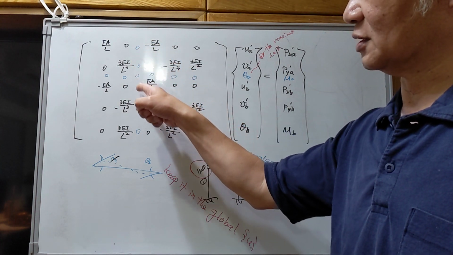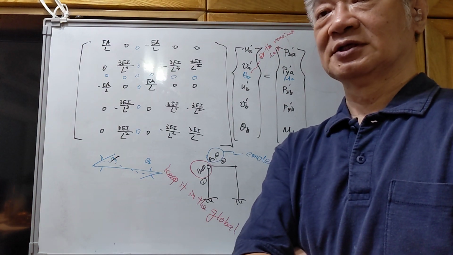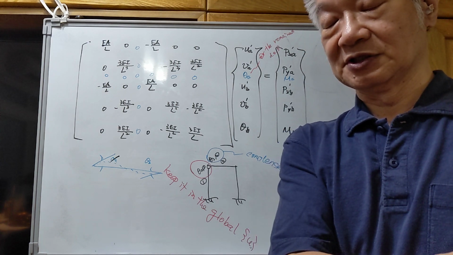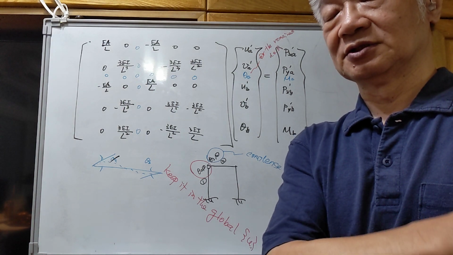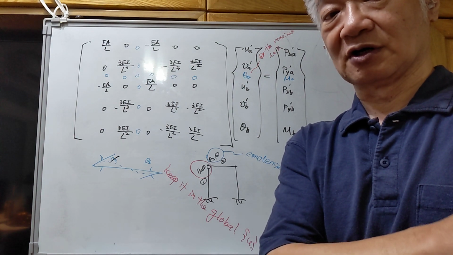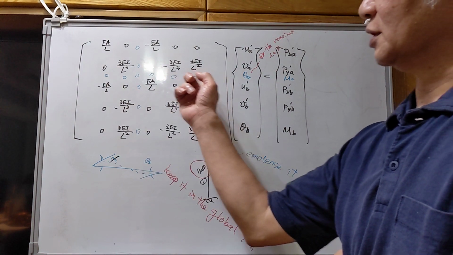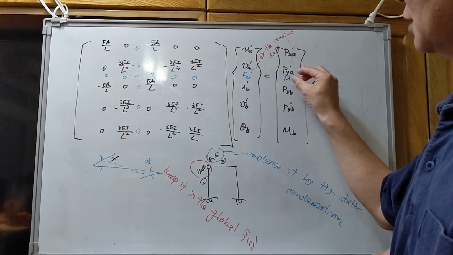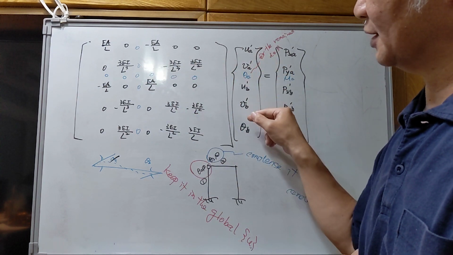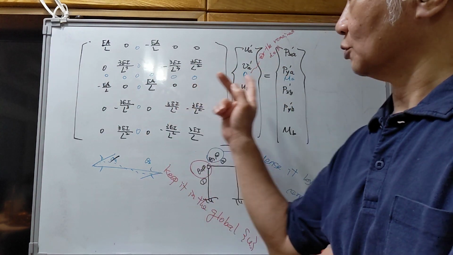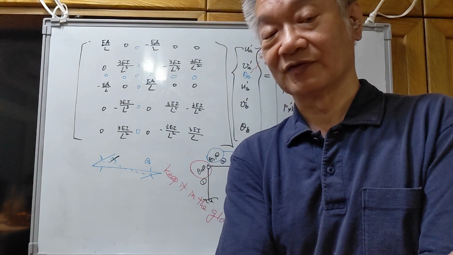So that's why we need a column of zeros. The column of zeros represents the remainder degree of freedom, since it is the rotation of another member, so it is not related to the member end force of this element. Also the row of zeros means the other end displacement of this element will not contribute to the end bending moment of the other elements.